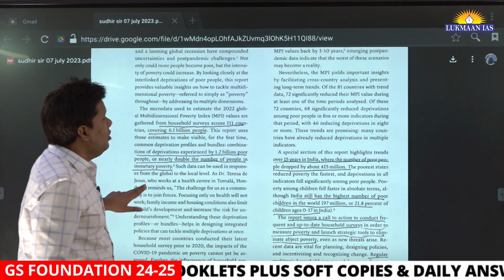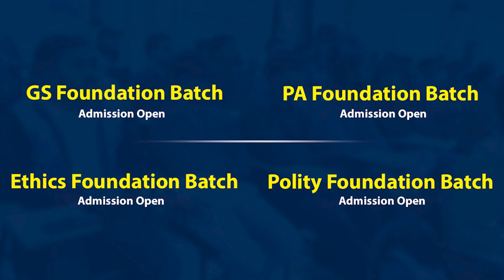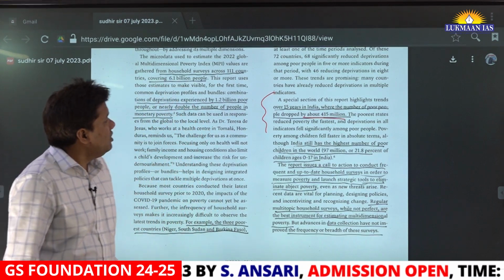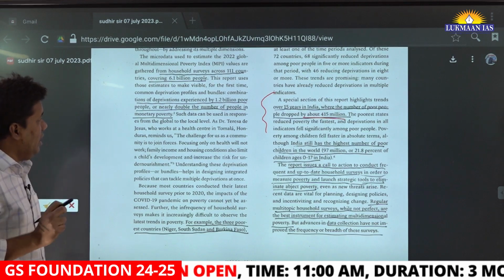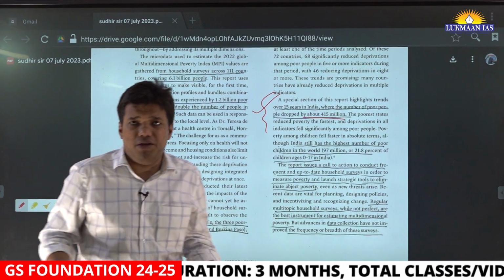Then they talk about India. You can mention this point somewhere in your essay as well. In the last 15 years, India has taken almost 415 million people out of abject poverty, right? Okay, but again, this is a cause for celebration that so many people have come out of extreme poverty.